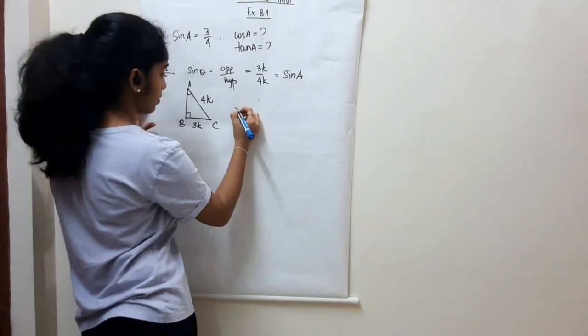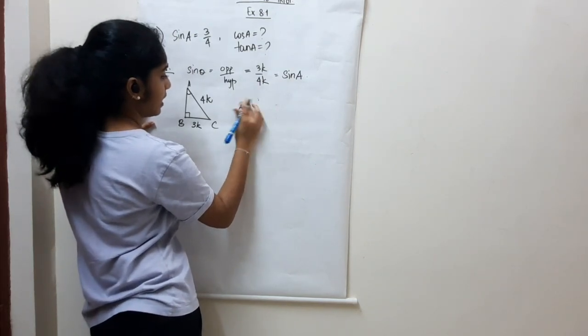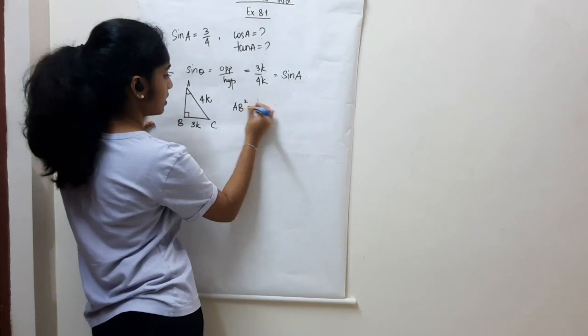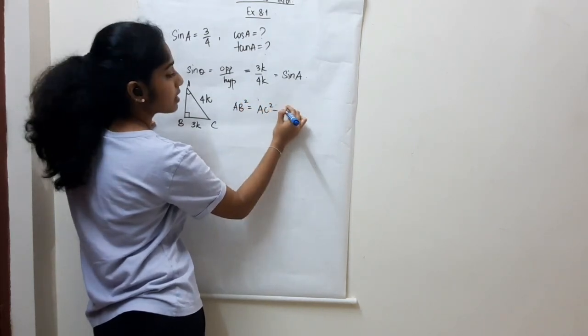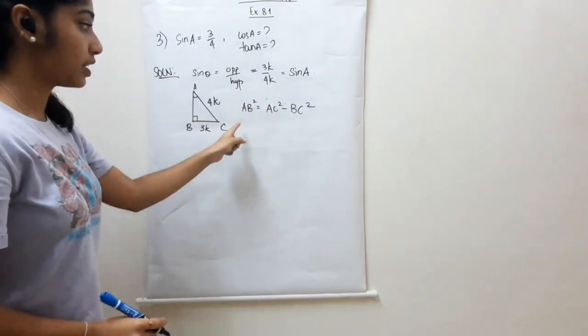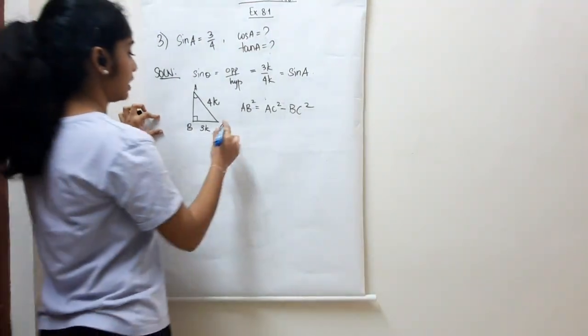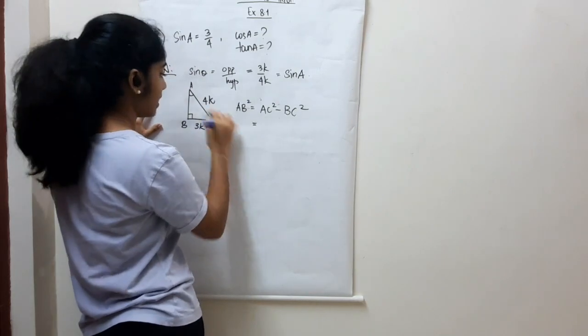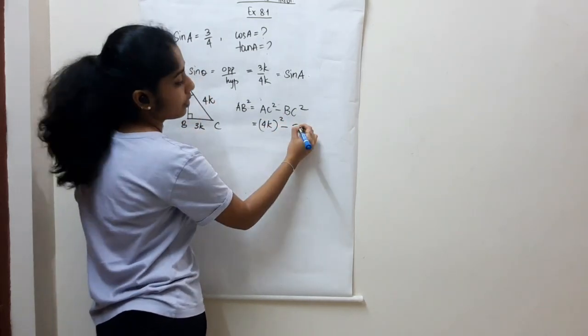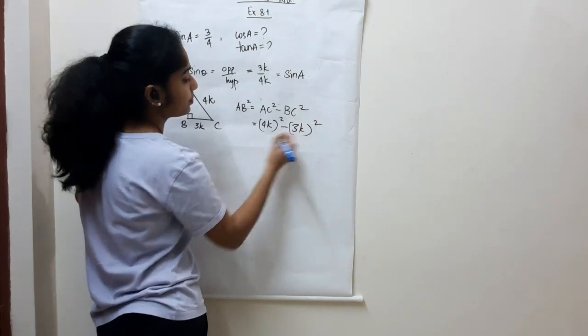Using Pythagoras, we can say that AB square is AC squared minus BC squared, because we know AB squared plus BC squared is AC squared. Now AC squared is 4k the whole square minus 3k the whole square.